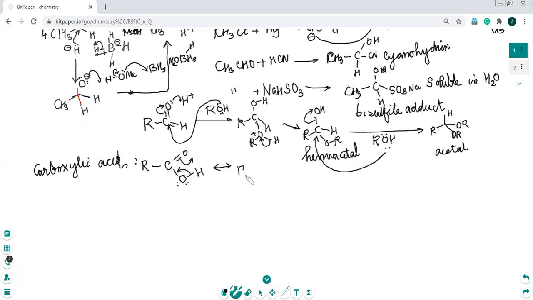You get H transferred from here to here, and you get the carboxylic acid. So this is the resonance structure of carboxylic acids. They are sufficiently acidic. Okay, so let us look at the individual carboxylic acids.